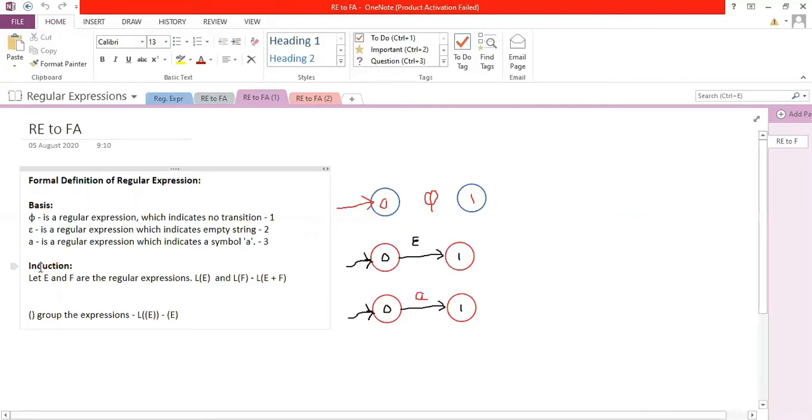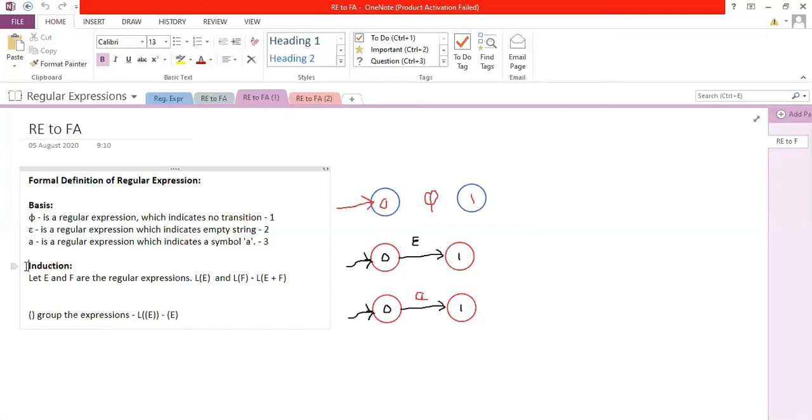But moving on, I need to talk about the induction part of the definition of a regular expression. When I say induction part, we have defined two regular expressions, E and F. We need to know what language E accepts and what language F accepts, and how to interpret it. Because when you talk about induction, we have discussed three operators: plus, star, and dot.